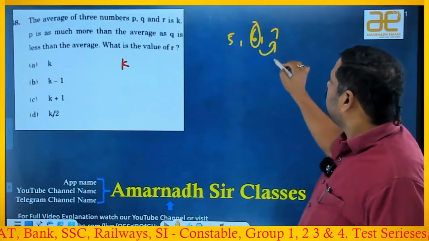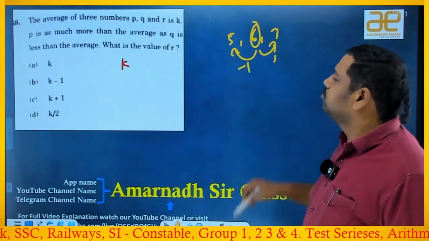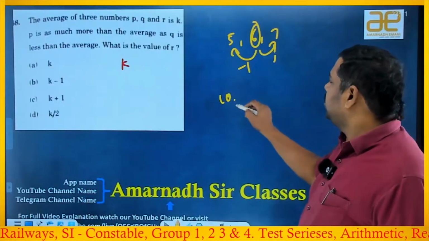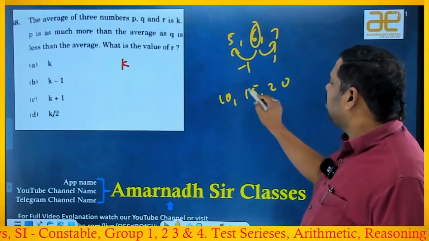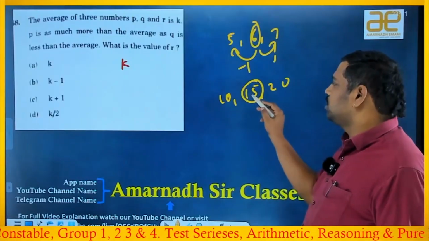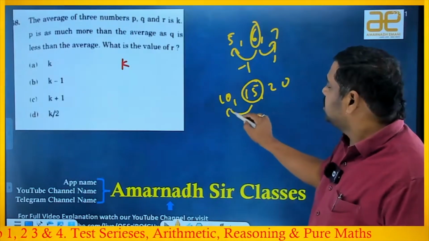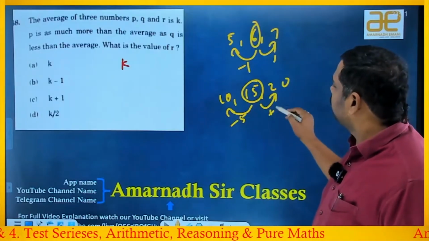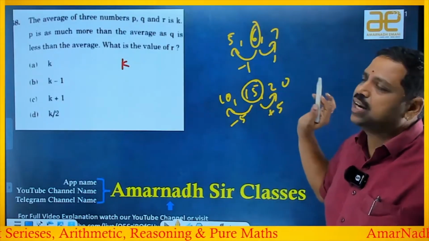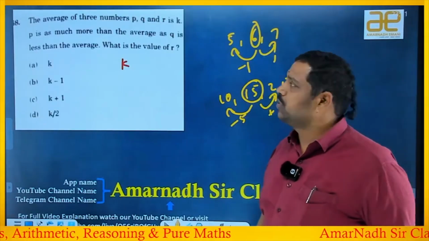How much it is more, that much it should be less. Suppose we take 10, 15 and 20, average is 15 only, right? Verify: 10 plus 15 is 25, plus 20 is 45, by 3 is 15, right? Then how much is it? 5 less means it should be 5 more. If these two balance, then definitely the middle one will be equal to the average, right?